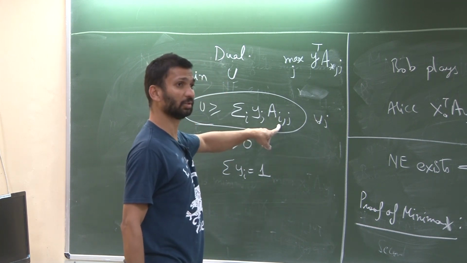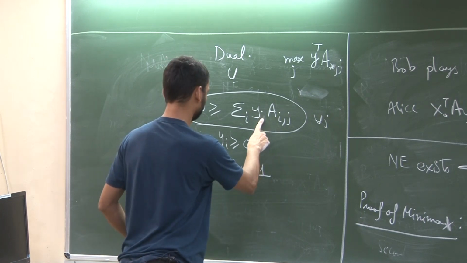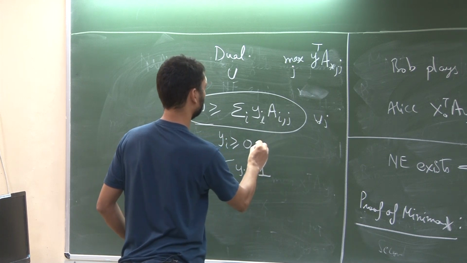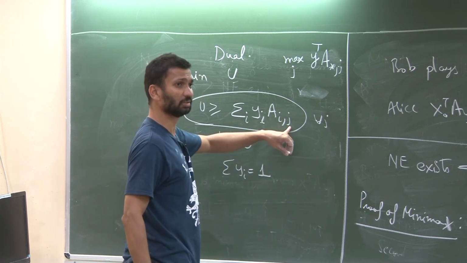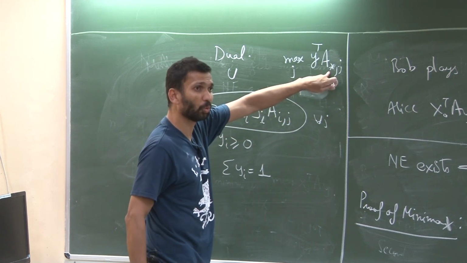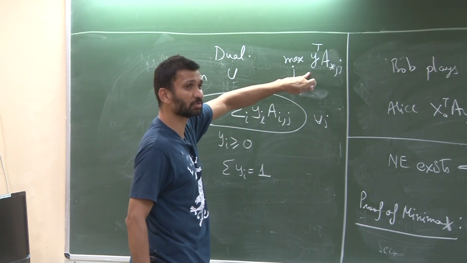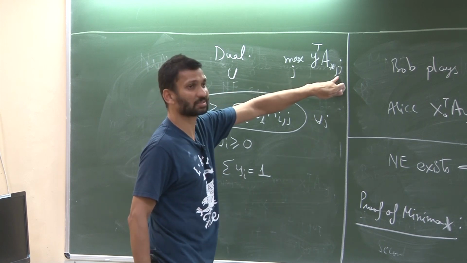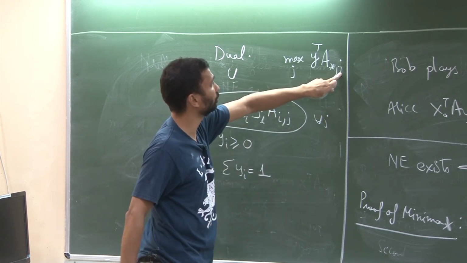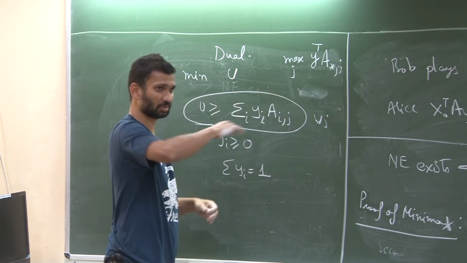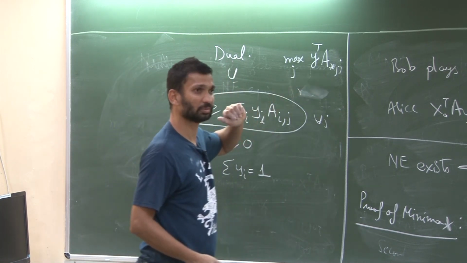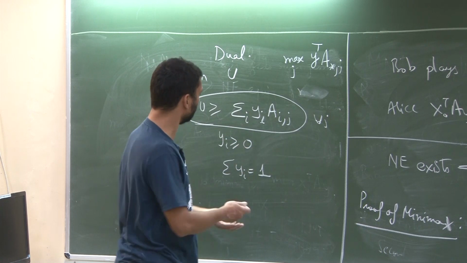Summation over i. Yeah, this is the jth, right? This is the row. Bob's strategy is fixed. Alice's responses to Bob's jth thing, right? So I'm probably saying it the opposite way, but it will work out.